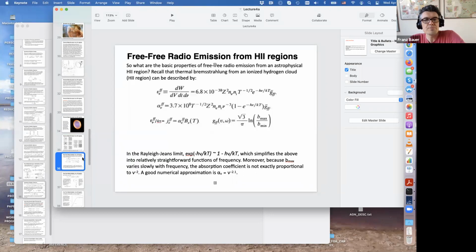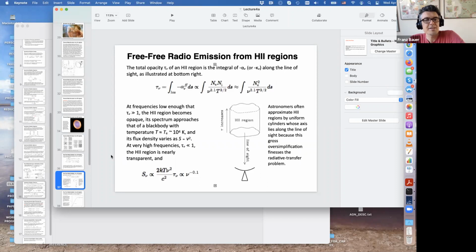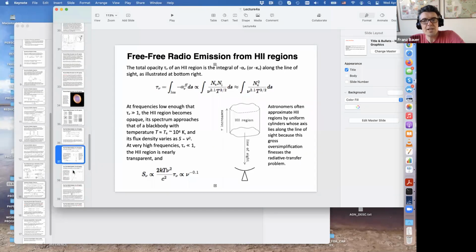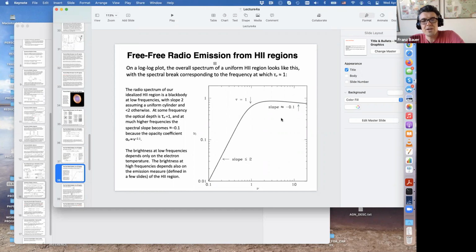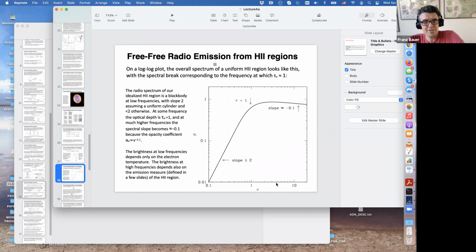We talked a little bit about how to calculate this, what the spectrum will look like. Imagine this was in gigahertz, which is actually pretty typical. So you might see the turnover at a few gigahertz.